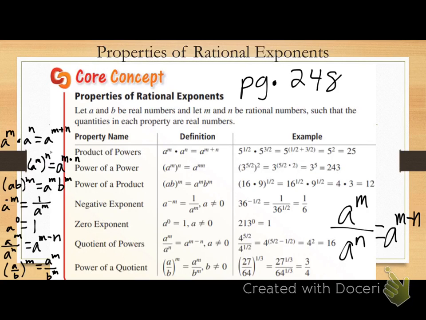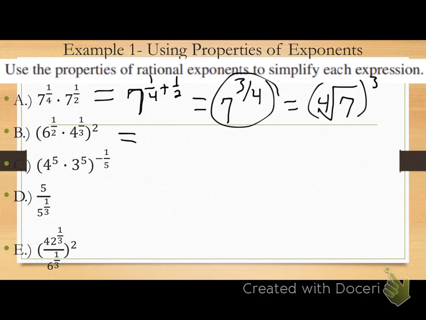So I'm multiplying all my exponents inside the parentheses by the exponent on the outside of the parentheses. So I get 6 to the what? What's 1/2 times 2? Times 4 to the what? It's 1/3 times 2. 2/3.